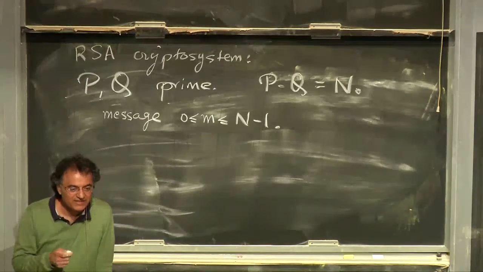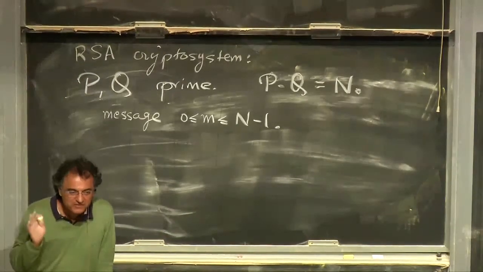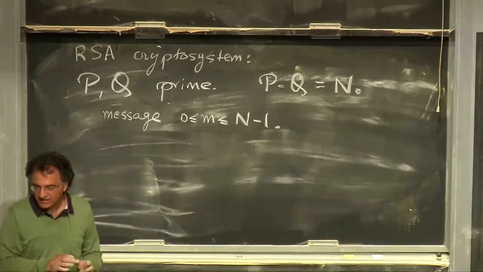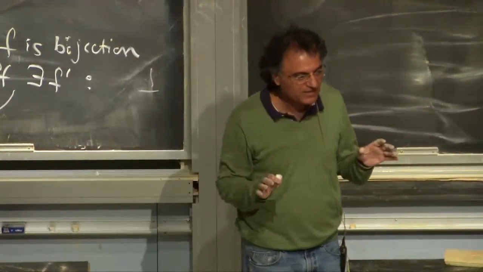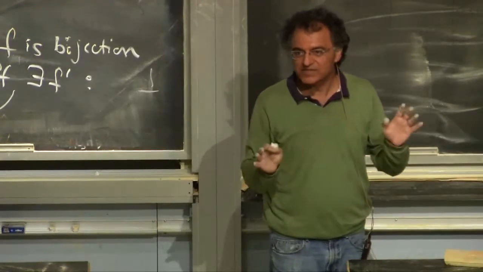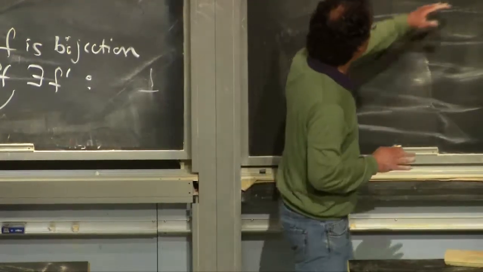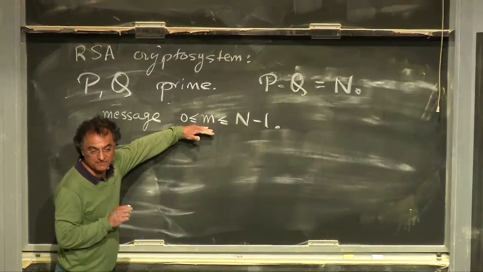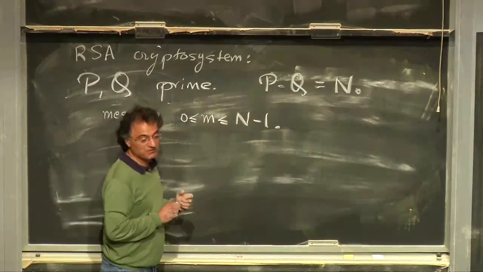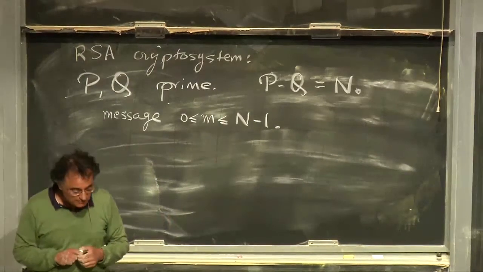In binary, right? ASCII. You could use any kind of encoding. Numbers and sentences, text and numbers, they're all the same thing for computer scientists. So sending a number should feel completely natural to you. That's a message. Your message is a number between 0 and N minus 1.